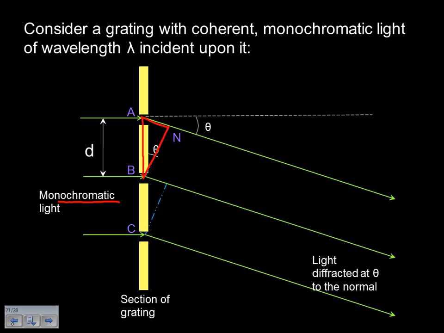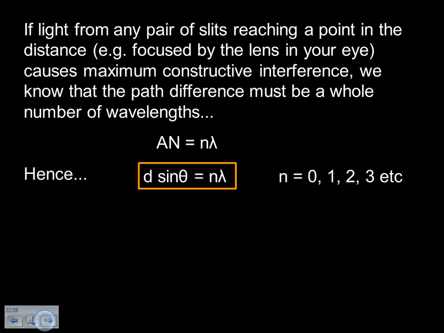Okay, you have n lambda here, and it was AN, I think. AB, let's go back, sorry. Yeah, AN corresponds to your n lambda, which is your path difference, which then corresponds to the d sine theta. So of our triangle, let me try and remember it. We had A, we had N. This is your n lambda.